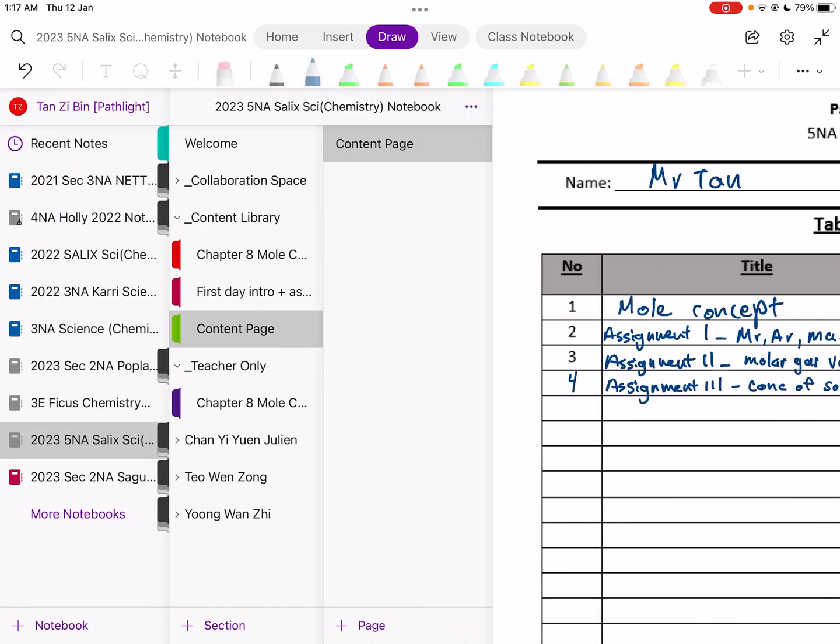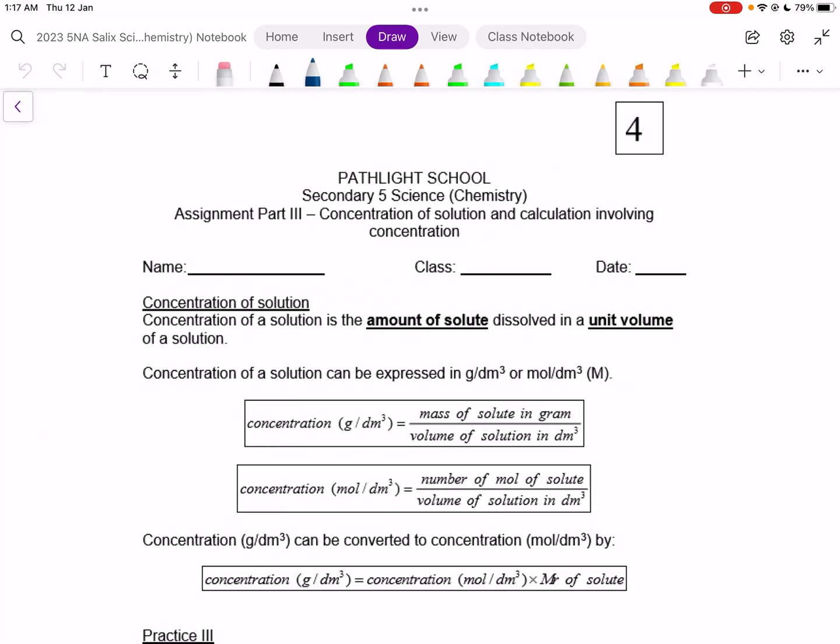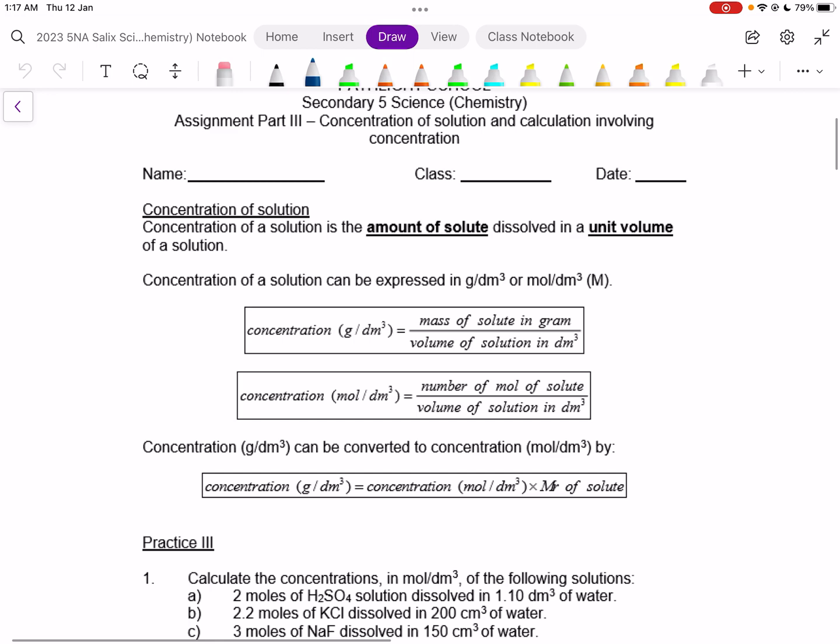All right. Okay, so now going back to the worksheet. Wait, let me duplicate a copy of this first.